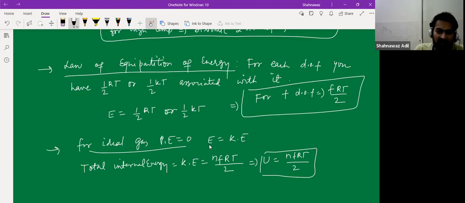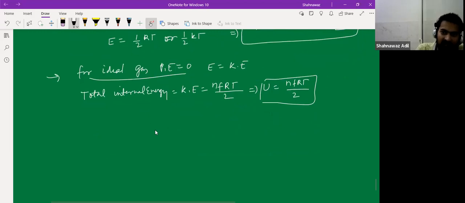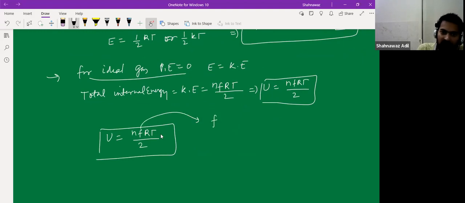So this is the internal energy for an ideal gas with the help of the law of equipartition of energy. Understood, guys? Just remember that your internal energy U will be NFRT by 2, where F is the degrees of freedom. So if I ask you what will be the internal energy for the monoatomic case, for 1 mole?